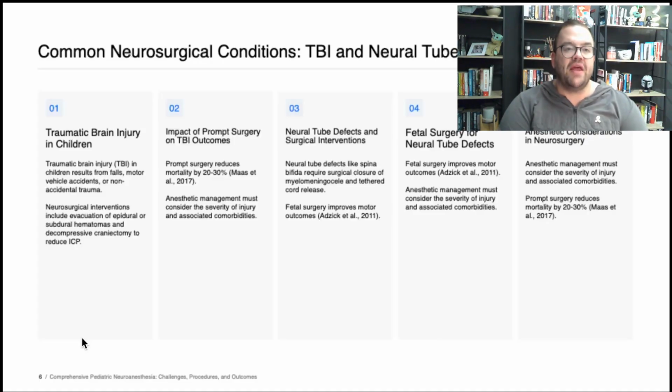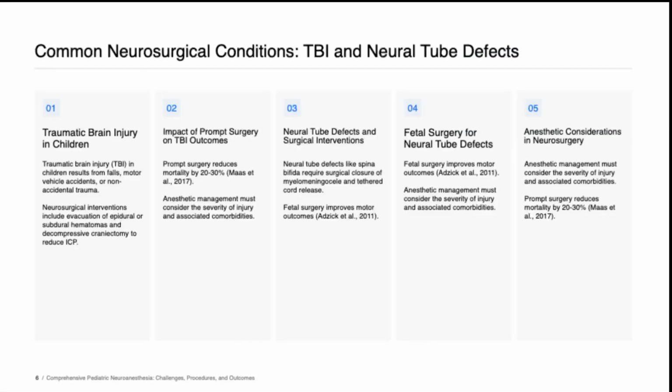So traumatic brain injuries in children is a huge issue, and it's one of the leading causes of death amongst young children when you look at trauma around the world. And we need to be able to manage these children effectively with traumatic brain injuries.